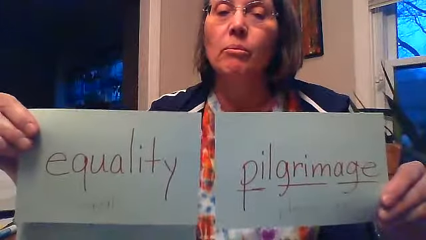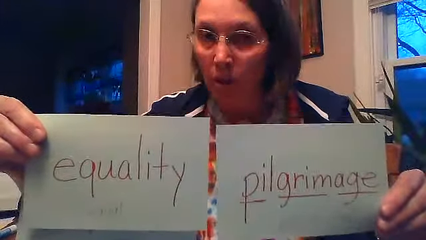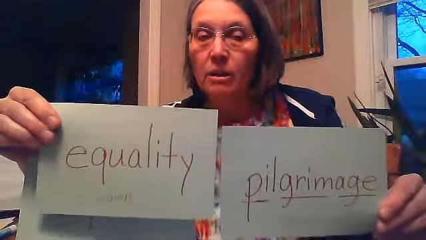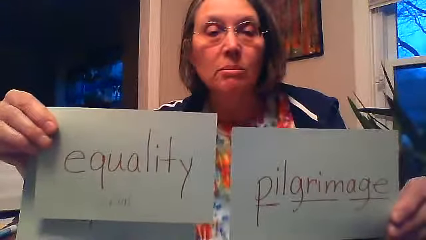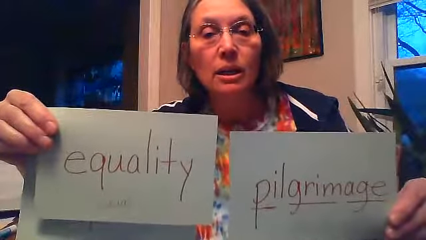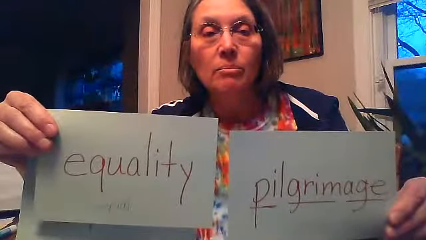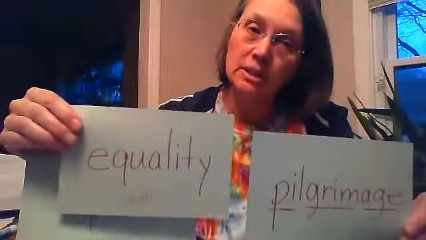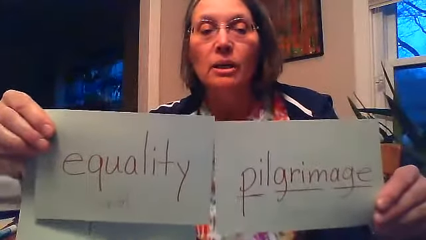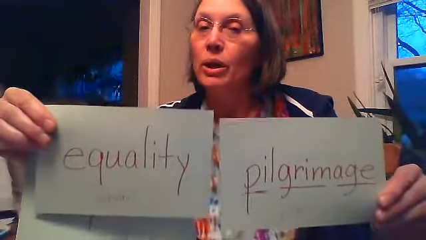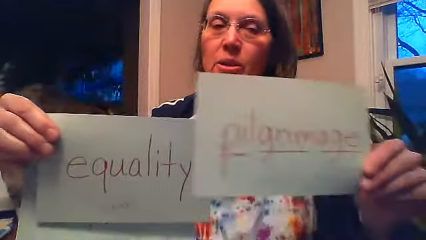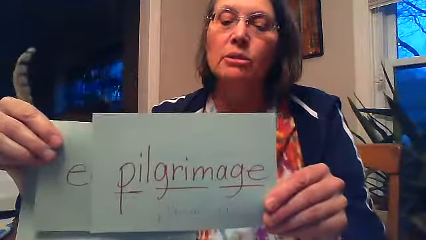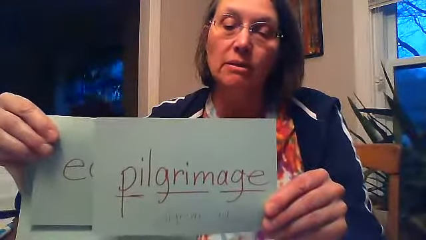Most of you know equality because we've been studying Roll of Thunder, Hear My Cry. We talked about equality and injustice, inequality and injustice, and equality and justice. Those go together, so we already know about equality. That's why I put these 2 together, because pilgrimage is actually a journey to a sacred place.